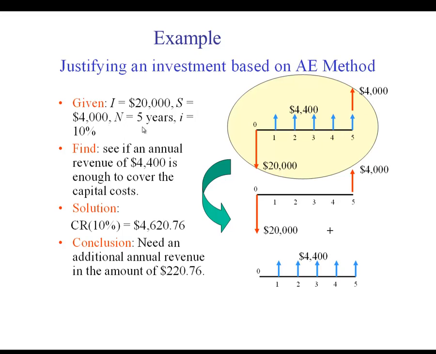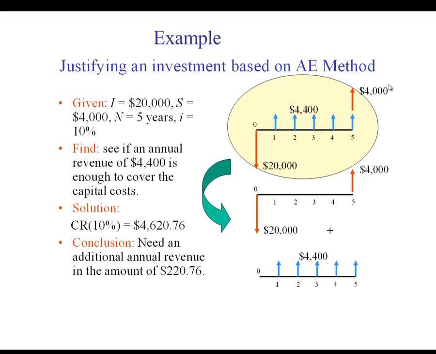N is equal to 5 years and I is equal to 10%. Is it worth paying $4,400 every year to recover that capital cost? Is it worth the $4,400, or should I pay less, or should I pay more?